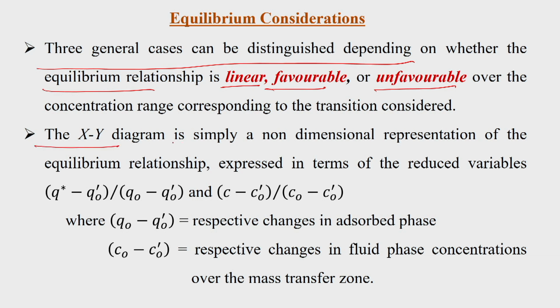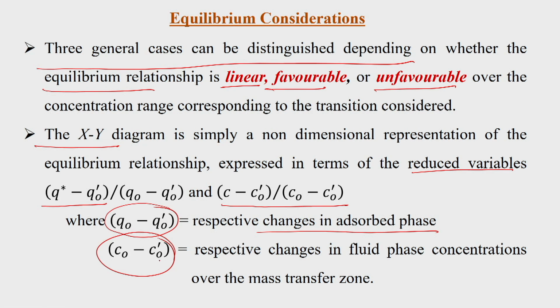The XY diagram is simply a non-dimensional representation of the equilibrium relationship expressed in terms of the reduced variables like this: q star minus q o prime by q o minus q o prime, and in terms of concentration, that is C minus C o prime by C o minus C o prime, where the quantity q o minus q o prime represents the respective changes in the adsorbed phase, and C o minus C o prime represents the respective changes in the fluid phase concentrations over the mass transfer zone.